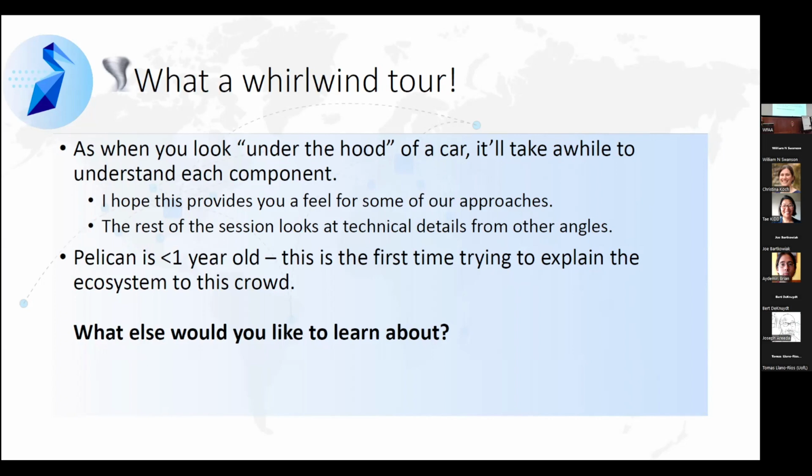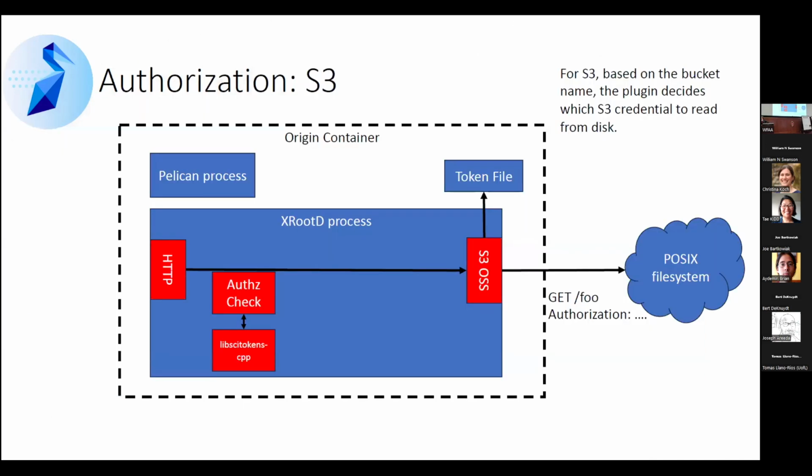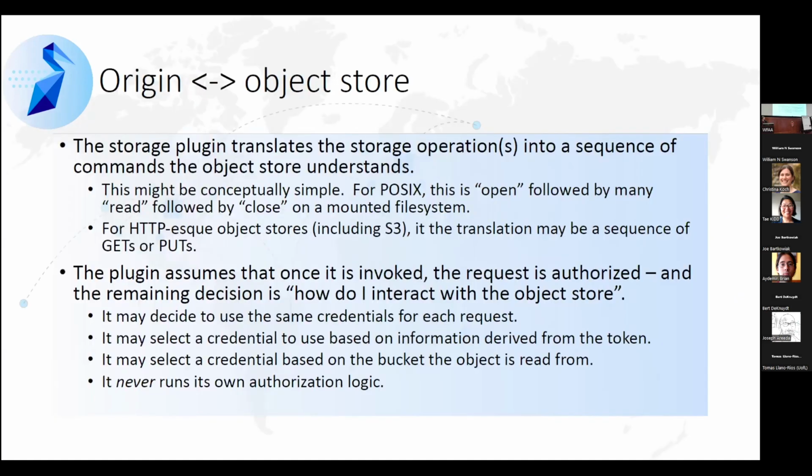No, well, once it is authorized at the Pelican level, that is the authorization decision. Now we might make a second decision: how do we interact with the storage service? And that might actually involve things that we direct. That might involve things about, we might make that decision based on the information in the token. We might make that decision based on the path.